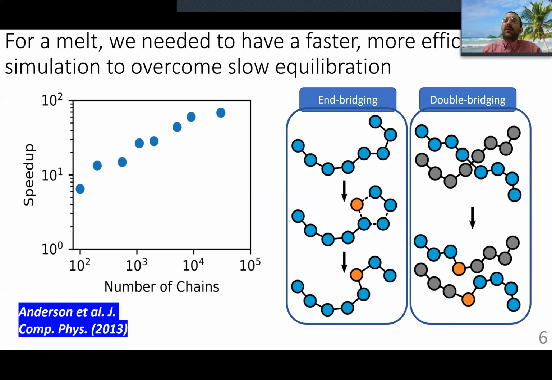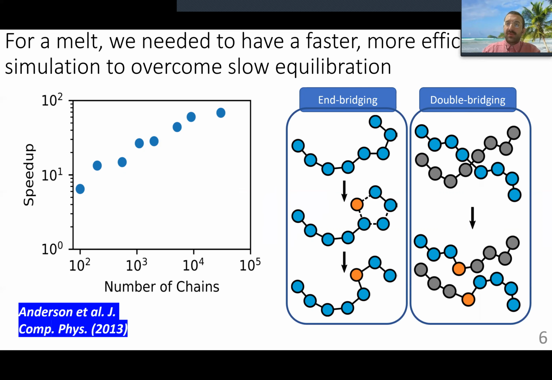And we've also employed a complex polymer moveset that allows us to relax our system quicker and more efficiently. So for example, here you see 2 bond breaking moves like end bridging, which happens with one chain where you break the bonds of the end and you reattach it somewhere else.